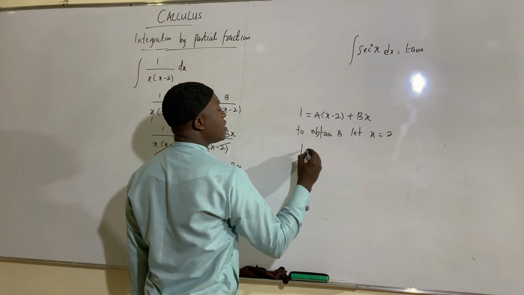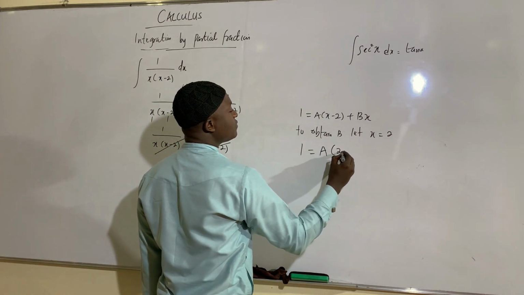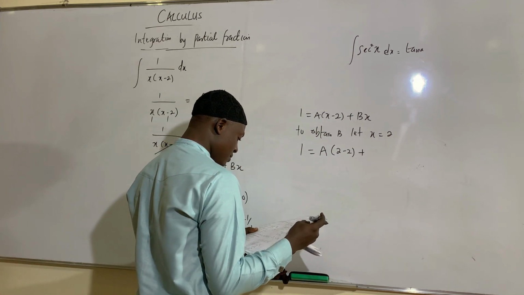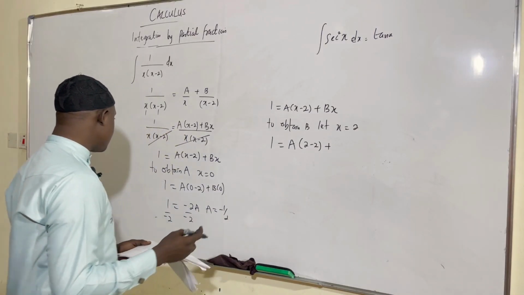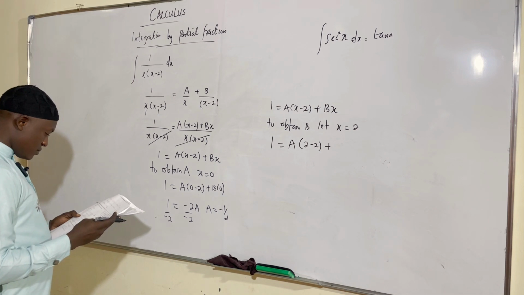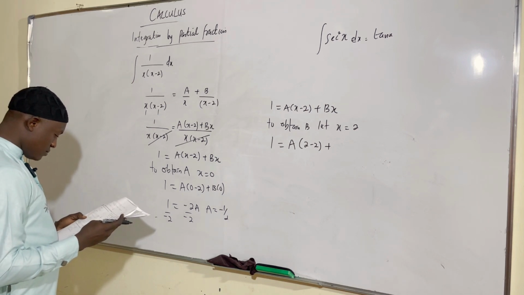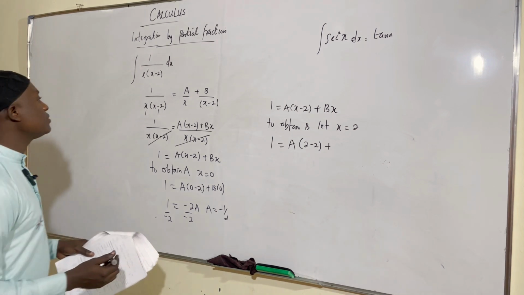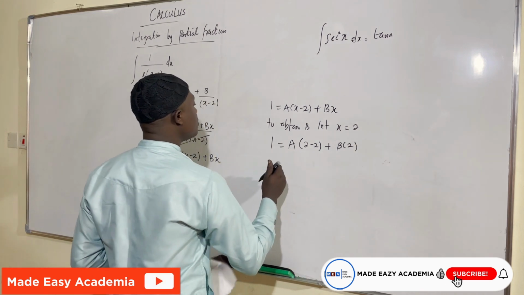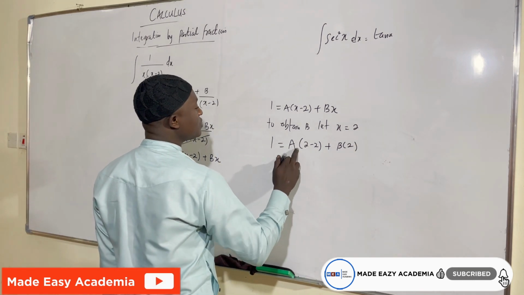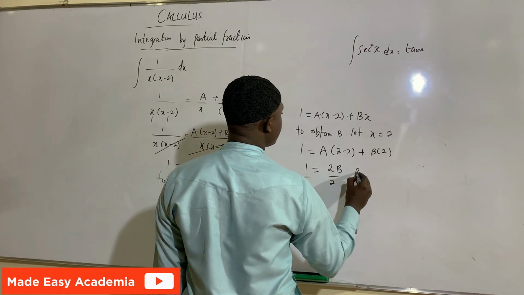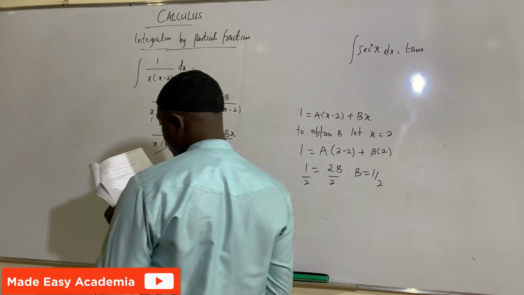We have 1 is equal to A(2 minus 2) plus B times 2. That term is 0, so I have 2B equals 1, which means B is equal to 1 over 2.